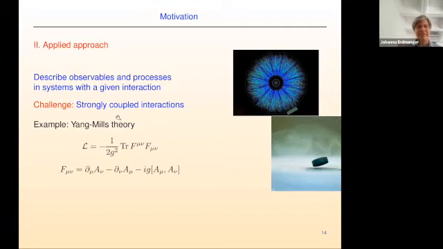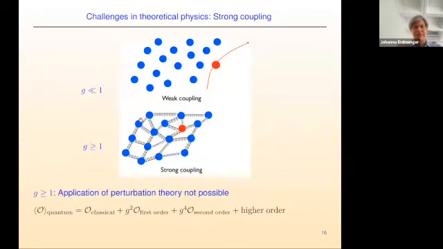But any interaction can be either weakly or strongly coupled. And then I had this diagram here. If a theory is weakly interacting, then if you want to study the interactions of this particle, you can look individually at each interaction with each of these other particles, and this leads to this perturbative expansion.